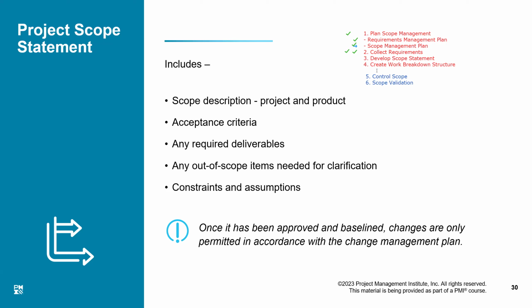Now, when you talk earlier about planning, plan scope management, is that in the form of a document? Yes, these are the 2 documents I mentioned. Within the plan scope management, we do the requirement management plan and we do the scope management plan. So those are like documents.